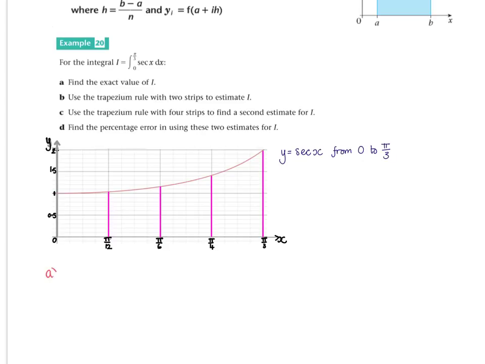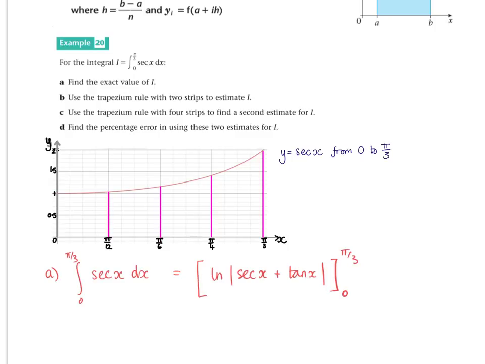So for part A, we've got the integral between 0 and pi by 3 of sec x dx. If we integrate sec, as we said before, it becomes ln of sec x plus tan x. That's the modulus of it, remember, because we can't take the log of a negative number, and that's in between 0 and pi by 3.